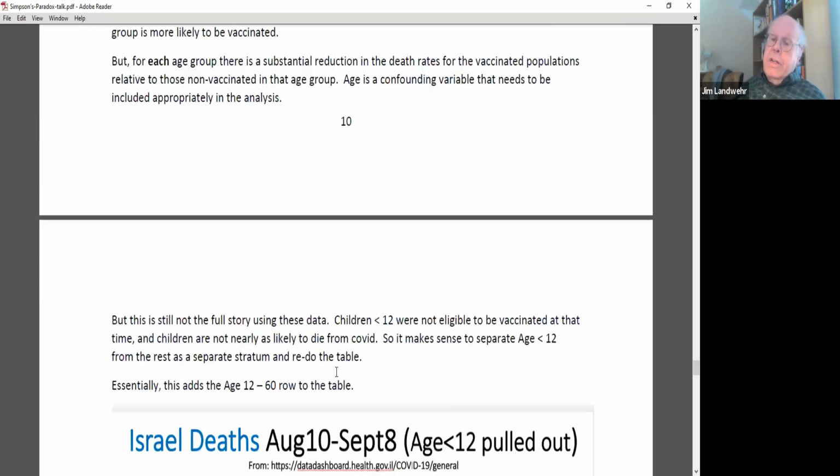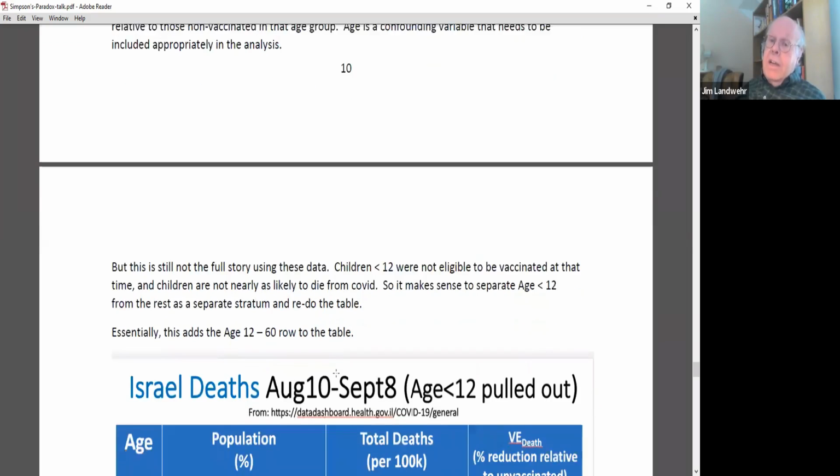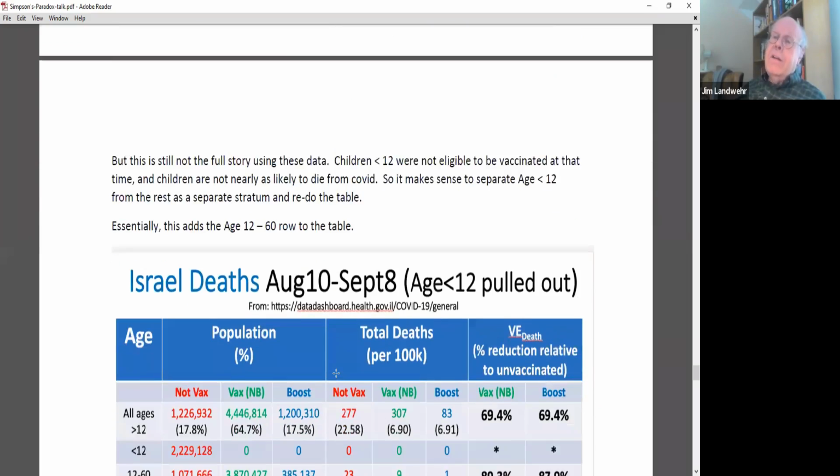Moreover, the disease has not been as severe in children. So in looking at these data, it makes sense to separate out those aged less than 12 from the rest of the group that's less than 60.